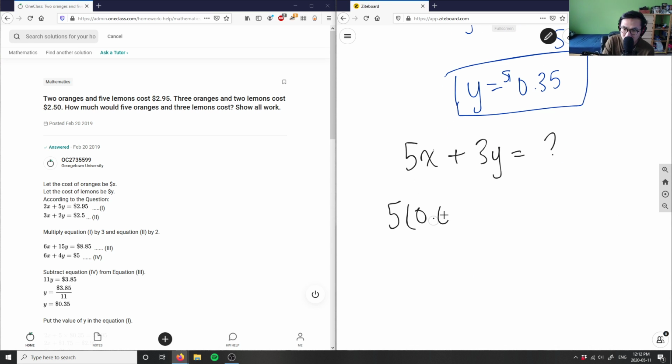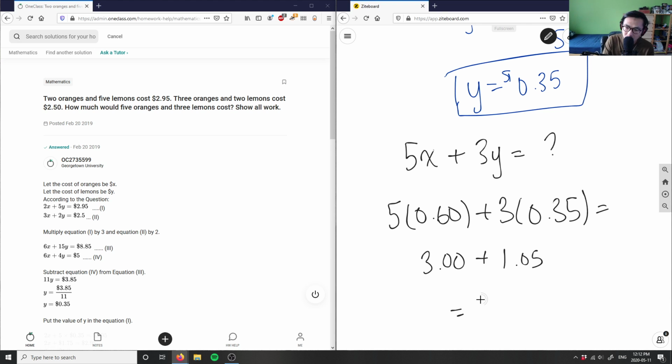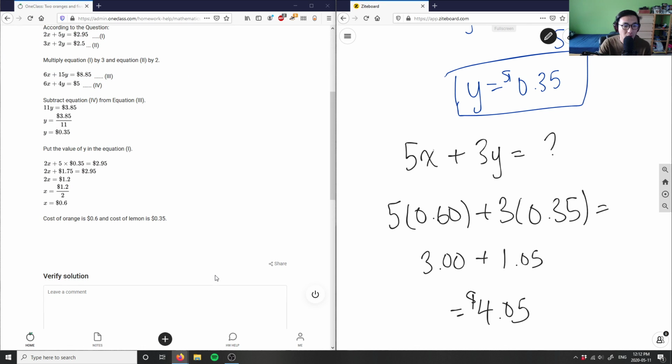This is 5 times 0.60 plus 3 times 0.35. 5 times 0.60 is $3, plus 3 times 0.35, which I believe is $1.05, and this would equal $4.05. So this here is my solution to the problem.